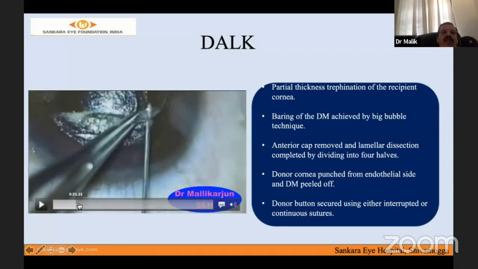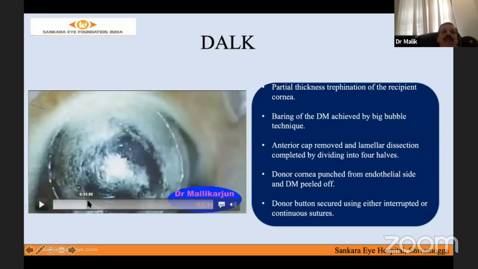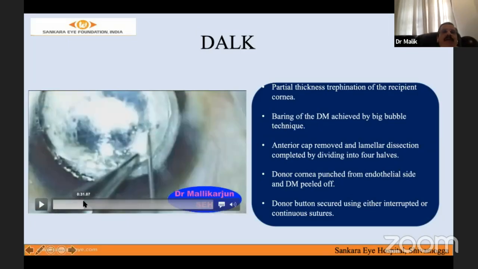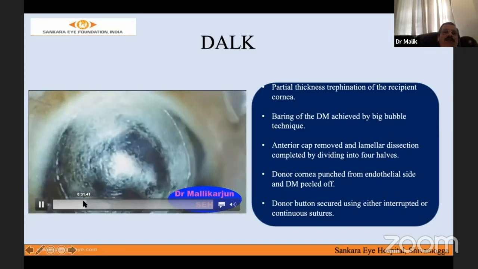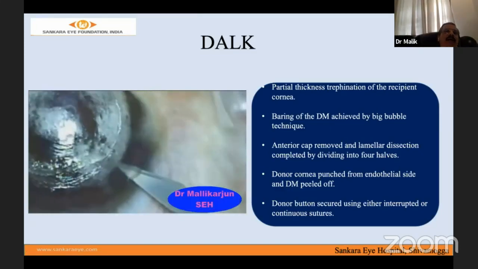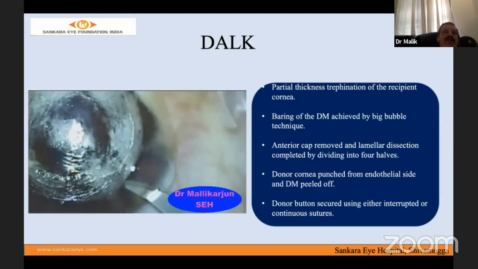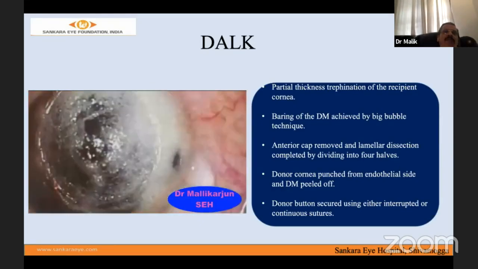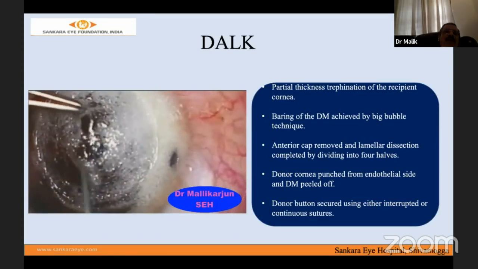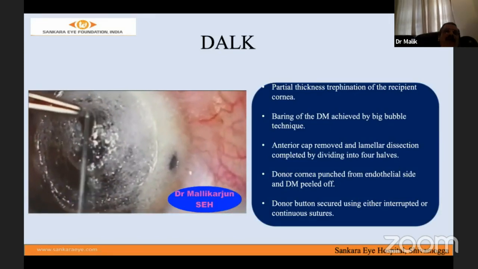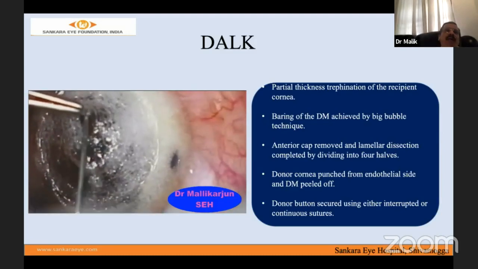This technique is called the big bubble technique, wherein with the help of a 26 gauge needle, I am injecting air in the stroma, thereby creating a big bubble. That big bubble would separate the Descemet membrane from the anterior stroma. I release the air from the anterior stroma. Now I have the stroma, an interface, and Descemet membrane.